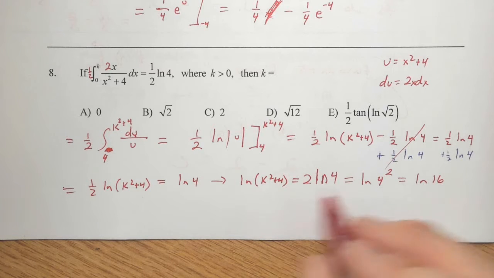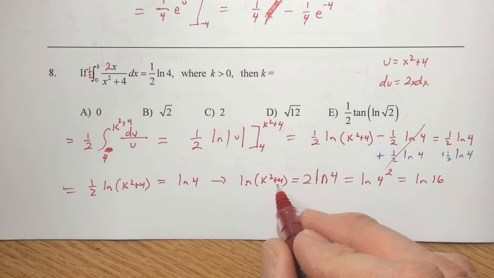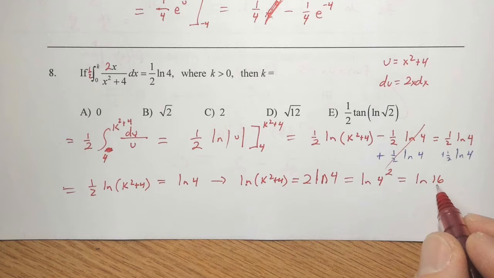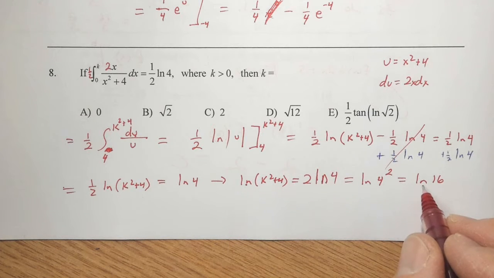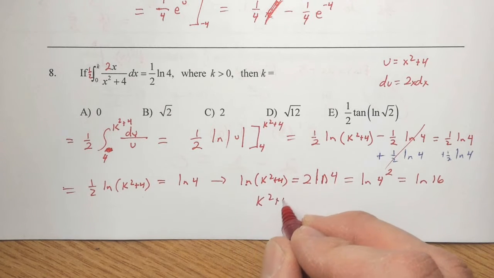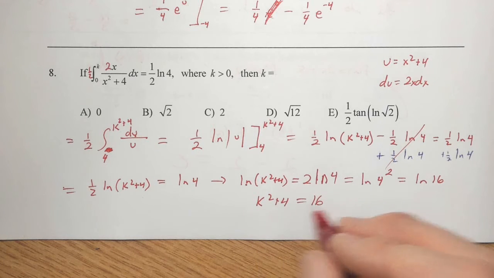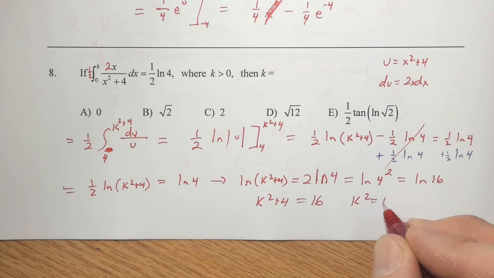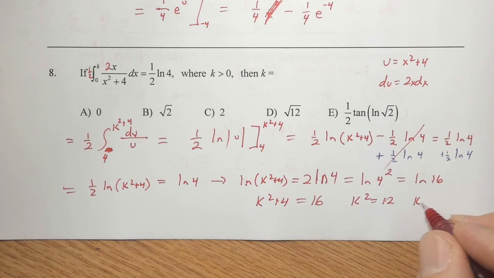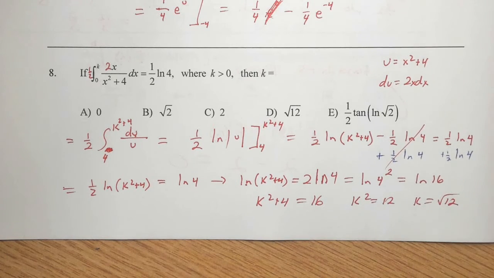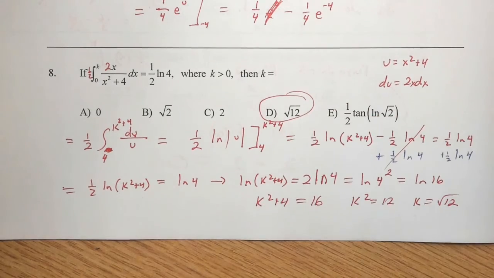So what does that mean? Natural log of k squared plus 4 equals natural log of 16. The ln's match up, which means the k squared plus 4 and the 16 must match up. We subtract 4 from both sides. K squared is equal to 12, and therefore k is equal to the square root of 12. Our answer is D.